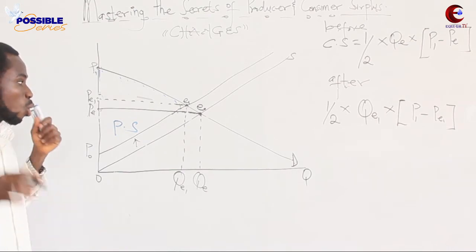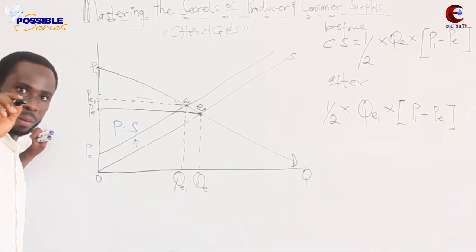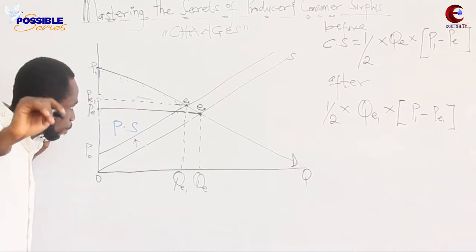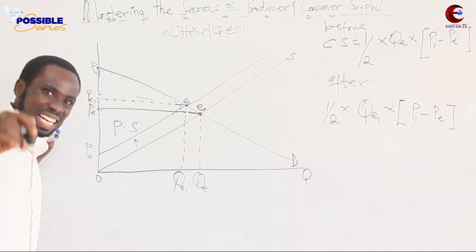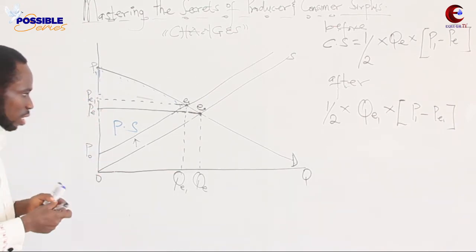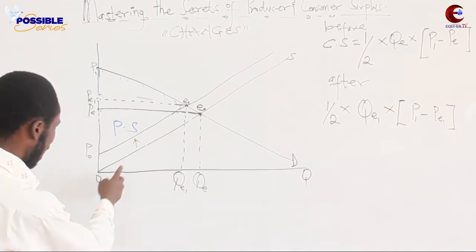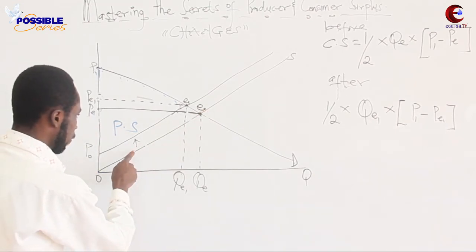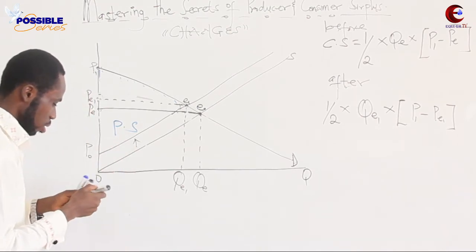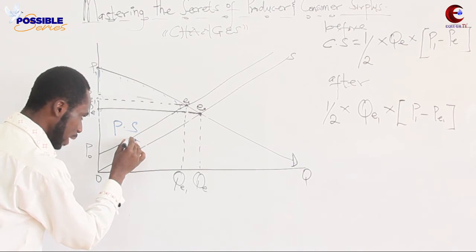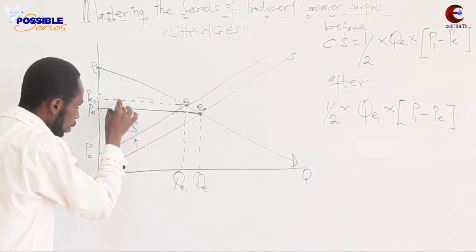Now look at it. Whilst the consumer surplus is decreasing, the producer surplus is increasing. Now the supply curve has moved from here to here, right? Now it has moved from here to here, and then it has also shifted from here to here.